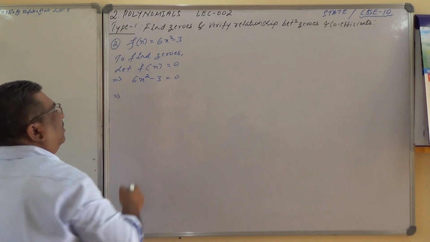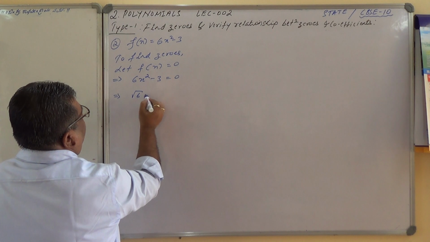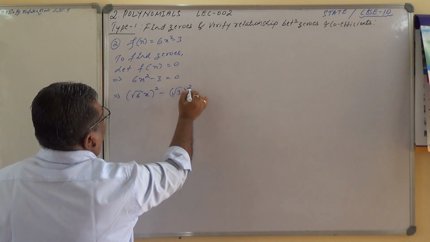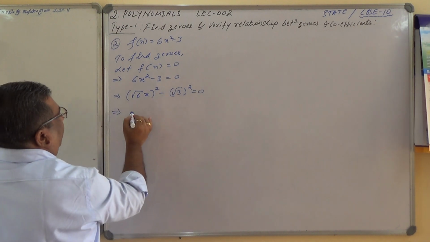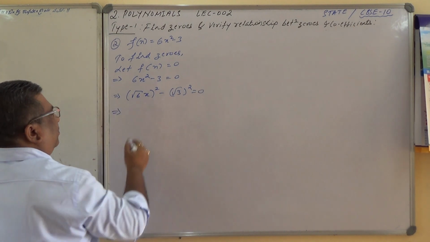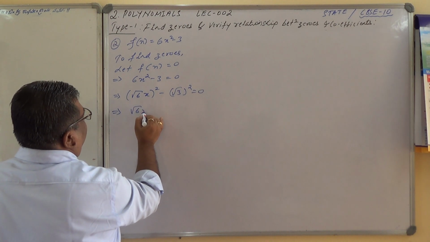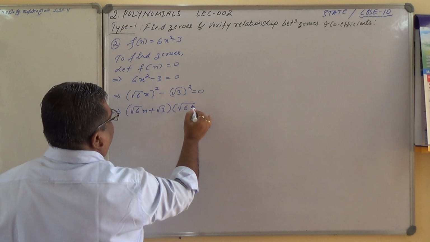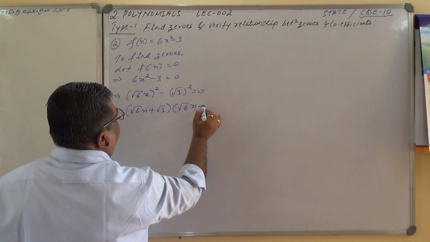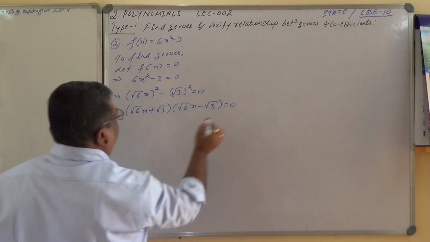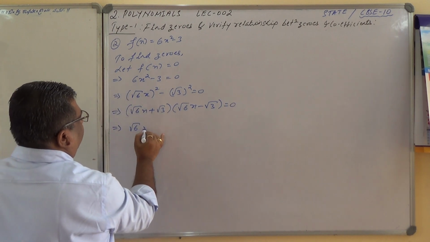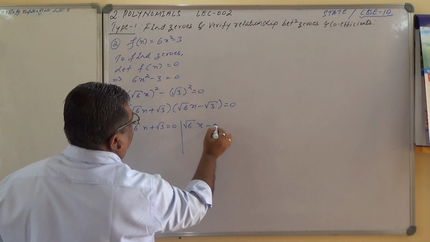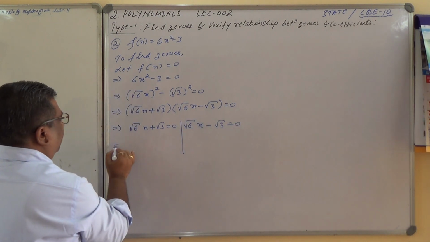How do you find out here? This can be written as root 6x the whole square minus root 3 the whole square equals 0. Implies a square minus b square, a plus b into a minus b. So root 6x plus root 3 into bracket root 6x minus root 3 equals 0. Root 6x plus root 3 equals 0, or root 6x minus root 3 equals 0.